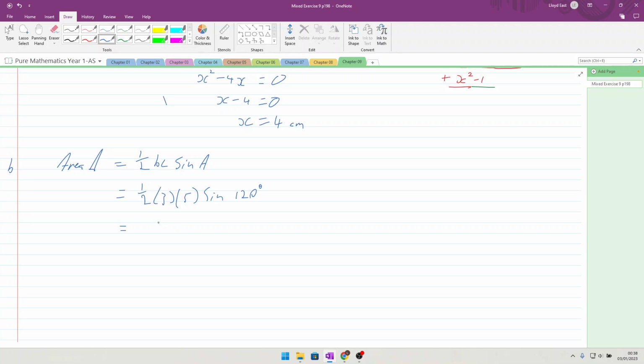So we've got 15 over 2 times root 3 over 2, because the sine of 120 is root 3 over 2. So we end up with 15 root 3 over 4 centimeters squared.